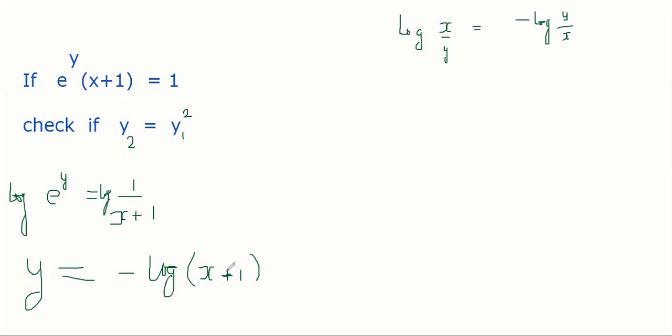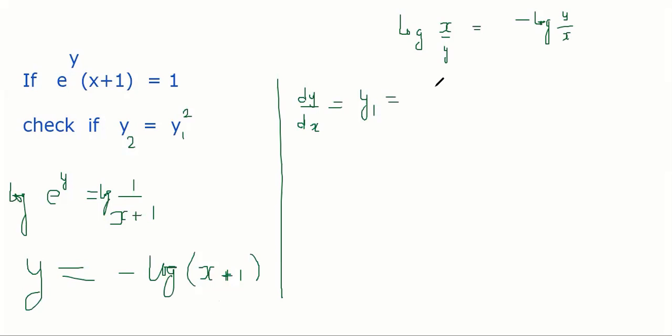So if y equal to minus log of x plus 1, can you find dy by dx or not? So dy by dx, or we'll say y1, that is easier. So let me write y1 here. What is the differentiation of log of x plus 1 with respect to x?